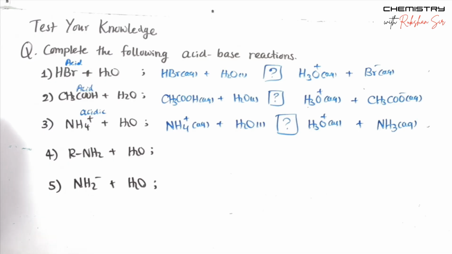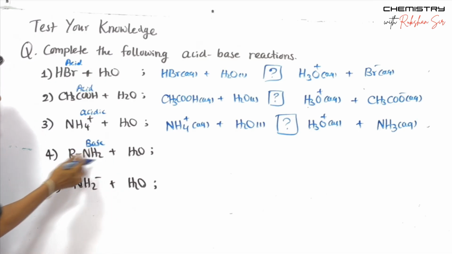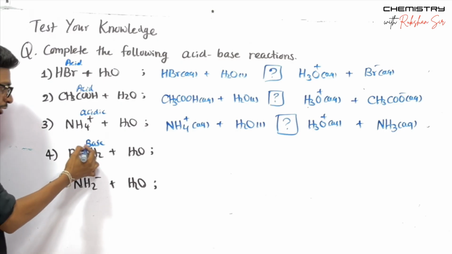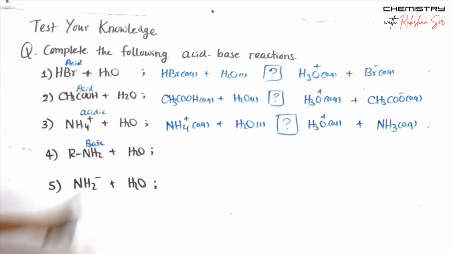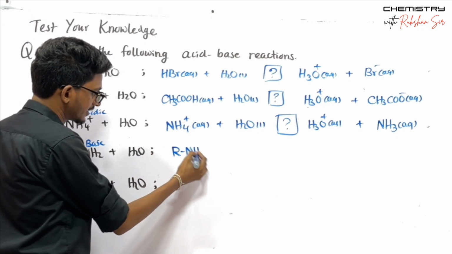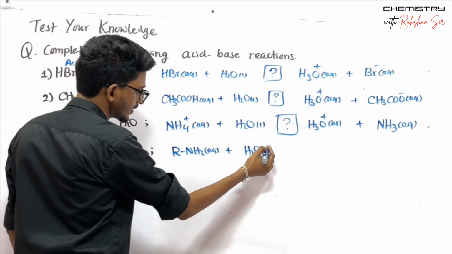This one, it's a base. It's an amine, an organic compound. Amines are bases. The lone pair on nitrogen can be donated. So amines will react with water to produce what?